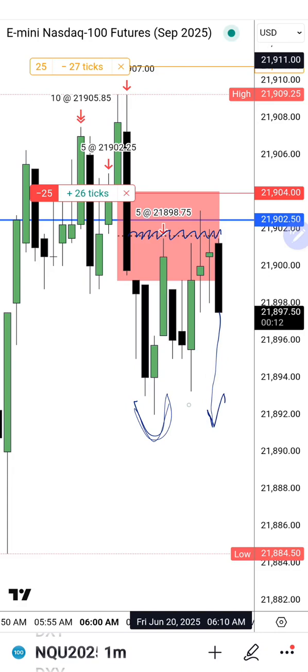I want to see it accelerate through that, or just stay in the lower half of this SIBI. Again, we're aiming for 21,877.75 as a first partial.